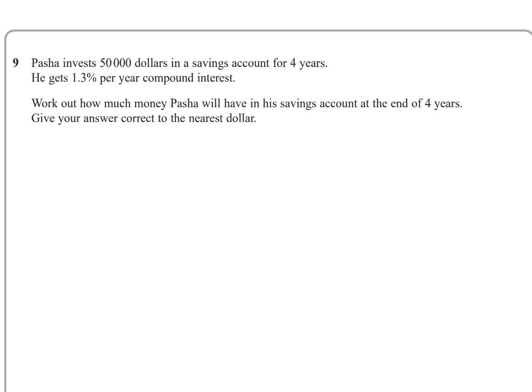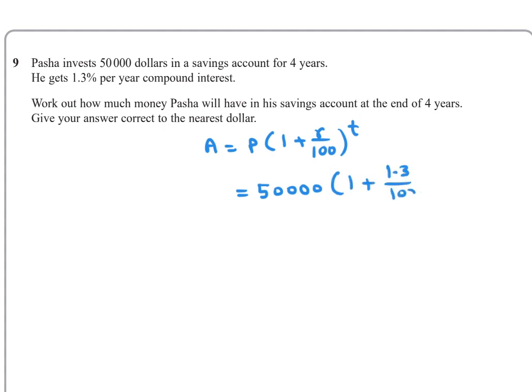The rule for compound interest: A equals P times 1 plus R over 100 to the power T. So 50,000 times 1 plus 1.3 over 100 to the power 4 equals 52,651 to the nearest dollar.